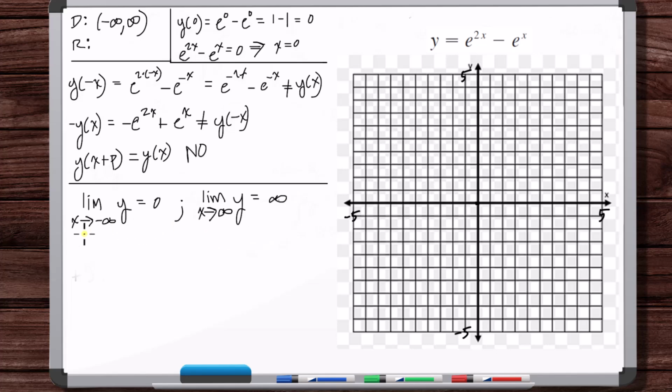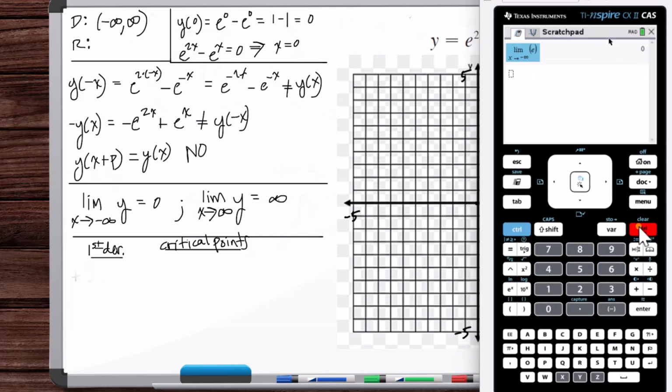All right, next, let's get critical points, both with respect to the first and second derivative. Let's start with the first derivative. Okay, so we've got d dx.